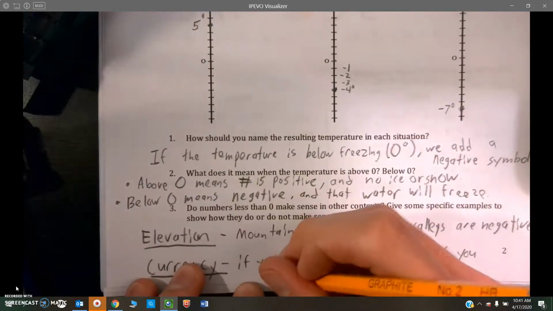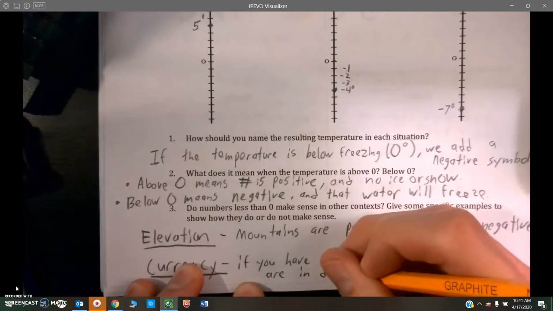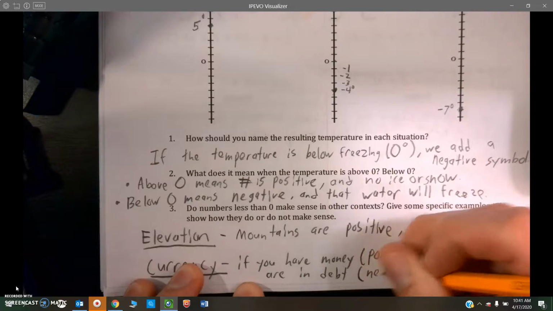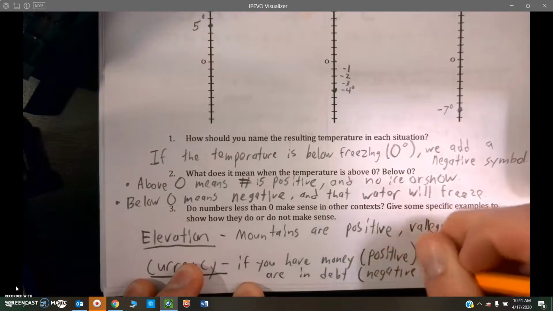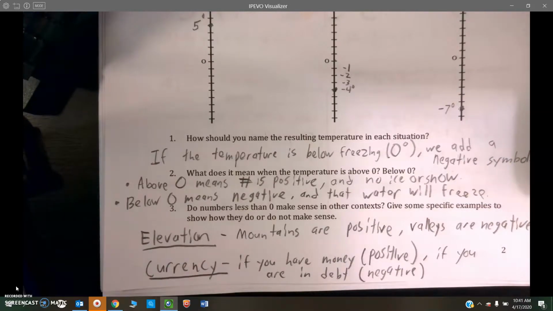If you are in debt, negative. Let's say you spent all of your money, you had no money, and then you asked a friend to let you borrow $5, but you have to pay them back, then you have negative $5 because you have no money, and not only do you have no money, but you owe someone money, so you have negative money.